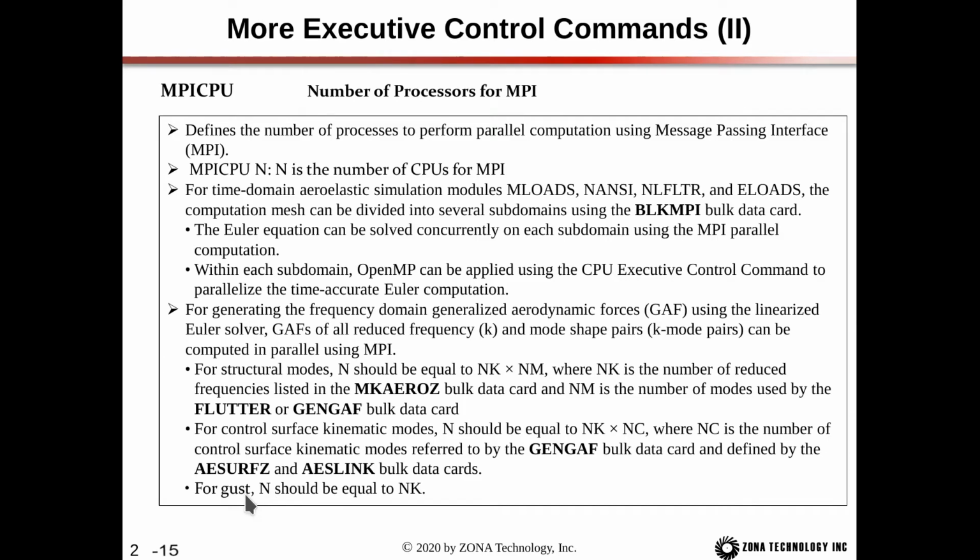And then for gust, that is just one additional mode, so it's just NK times 1. So of course you can combine all three of these together. If you have 20 modes, 4 control surfaces, and 1 gust, that would be 25 times NK. And of course n could also be some factor of that quantity.